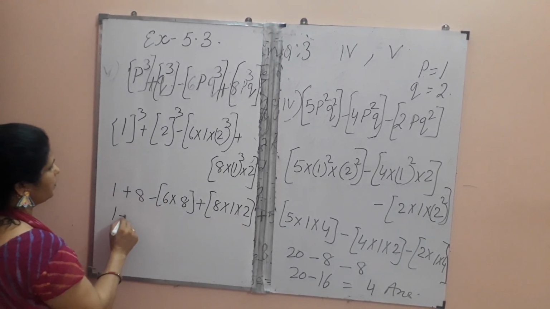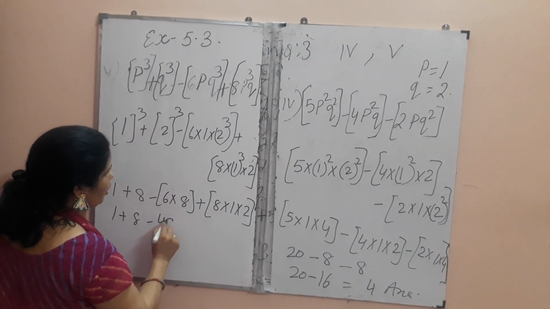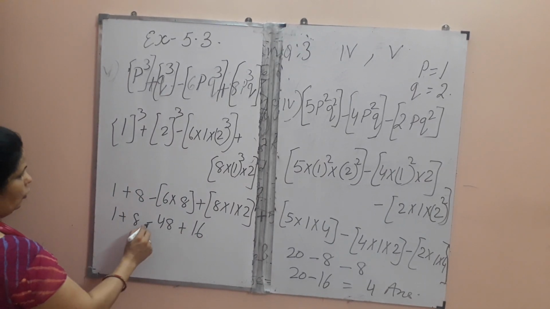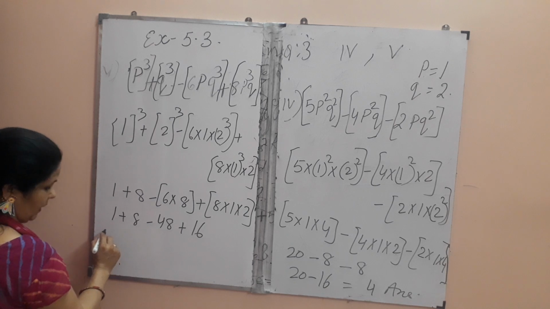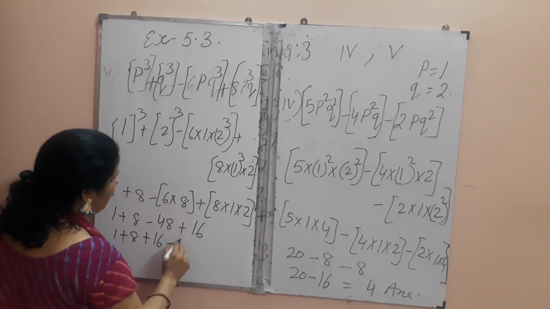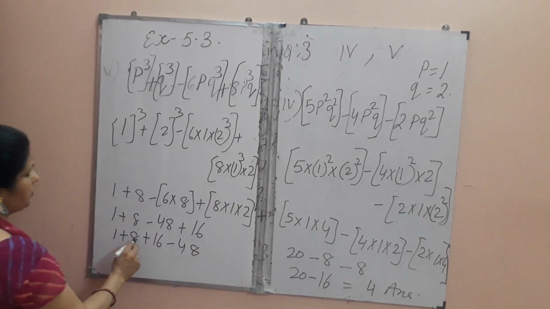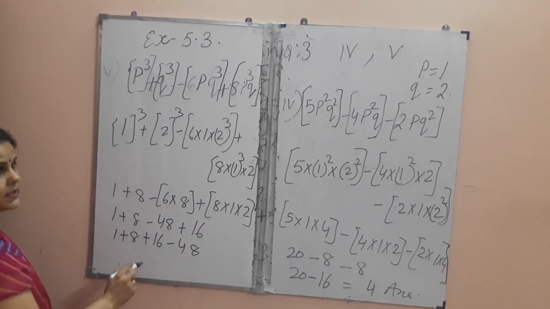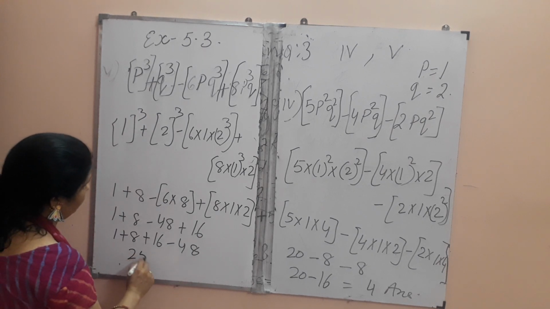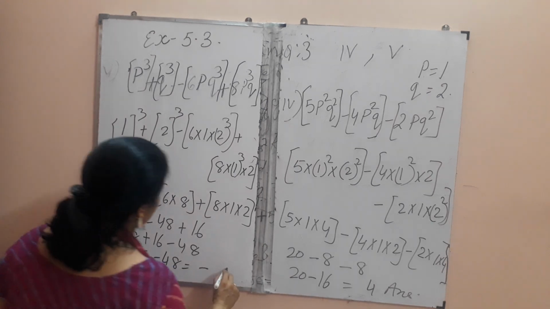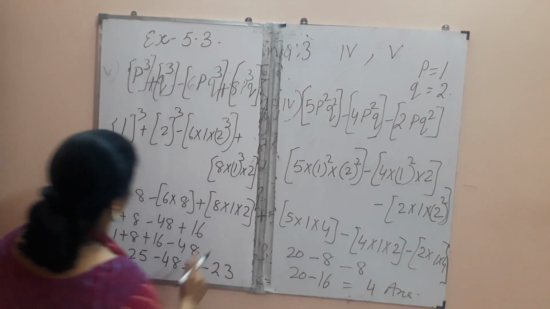So 1 plus 8 minus 48 plus 16. Only one is a subtract minus. So 1 plus 8 plus 16 minus 48. 8 plus 1 is 9. 9 plus 16 is 25. Minus 48 equals minus 23.